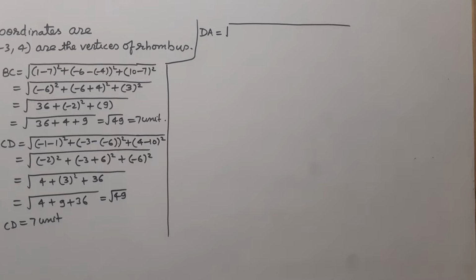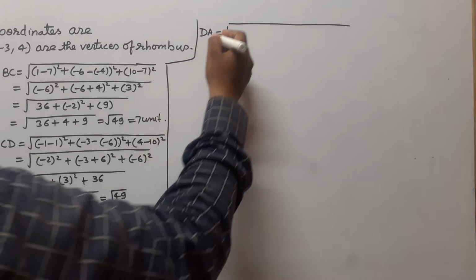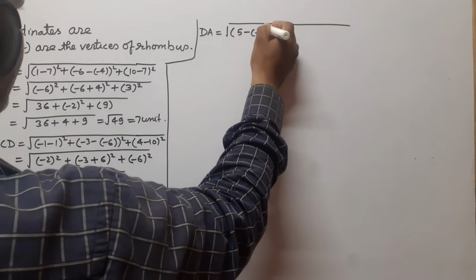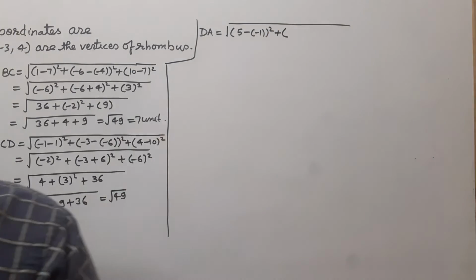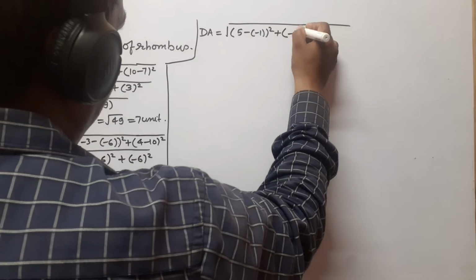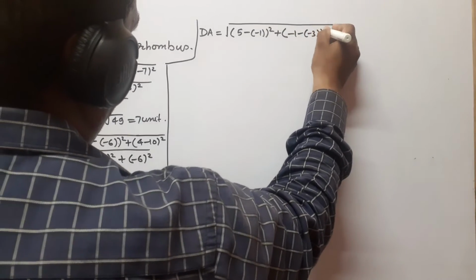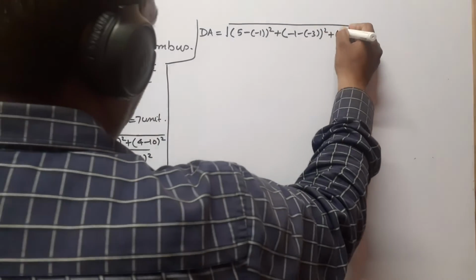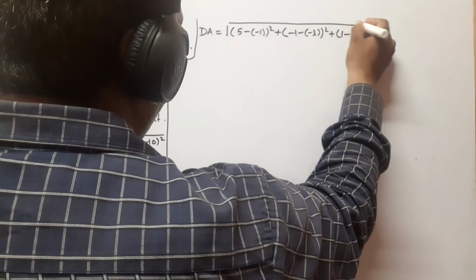Suppose that x1, y1, z1 is the point D and x2, y2, z2 is the point A. So first we write x2 minus x1, so 5 minus 1 whole square plus y2 minus y1, that is minus 1 minus 3 whole square plus z2 minus z1, that is 1 minus 4 whole square.